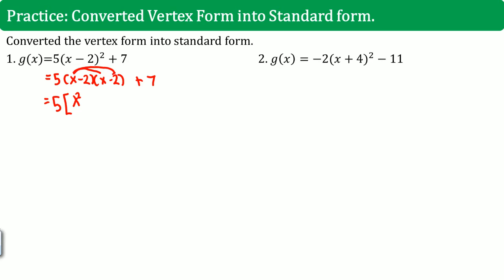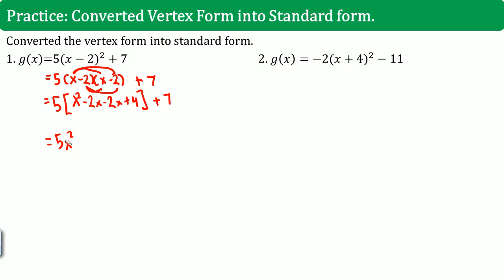Then x times negative 2 becomes negative 2x. Negative 2 times x is negative 2x. And negative 2 times negative 2 is positive 4. Plus 7. So these brackets are just me taking care of the distributing here. Now I can distribute the 5 to each term. So 5 times x squared becomes 5x squared.